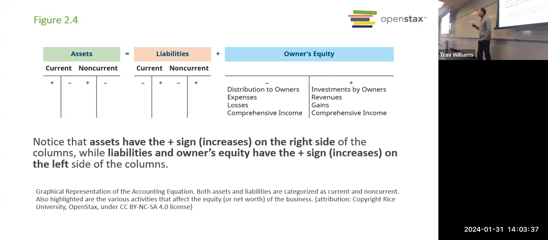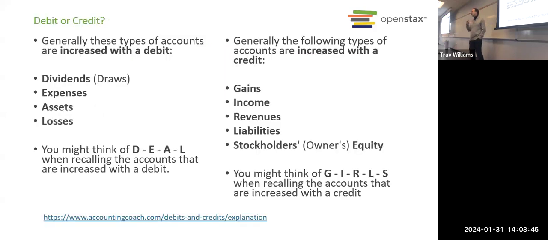Okay? I will teach you a mnemonic device that will help you remember, figure it out. Let's see, it's right here, perfect. I wasn't sure if that was the next slide, but it is. I recommend that you get the hang of this acronym DEAL, okay? There's a second acronym over here, GIRLS, but you don't really need the GIRLS acronym if you have the DEAL acronym.